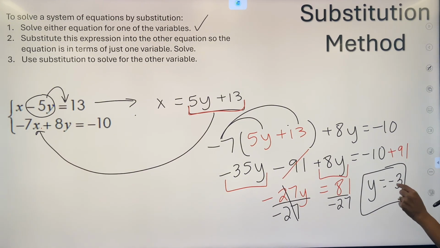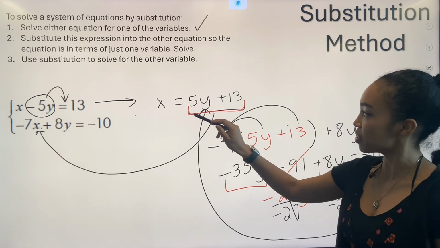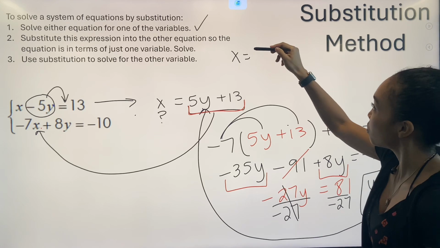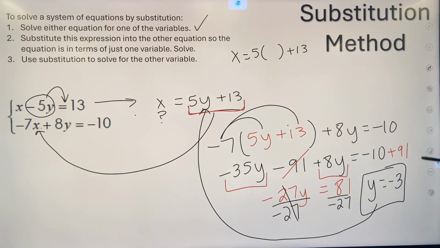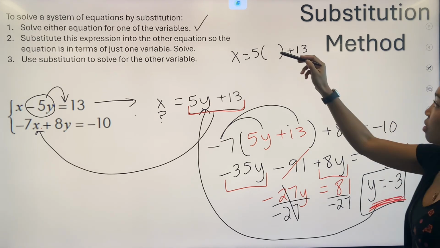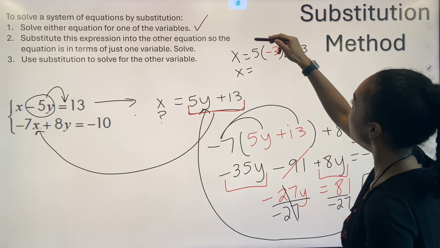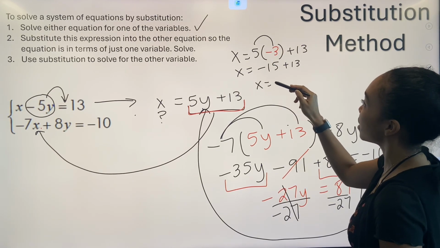Now that I found what y is equal to, I can plug this into here to figure out what x is. So I have x is equal to 5y plus 13. And we just discovered that y is negative 3. So I get x is equal to negative 15 plus 13. So x is negative 2.